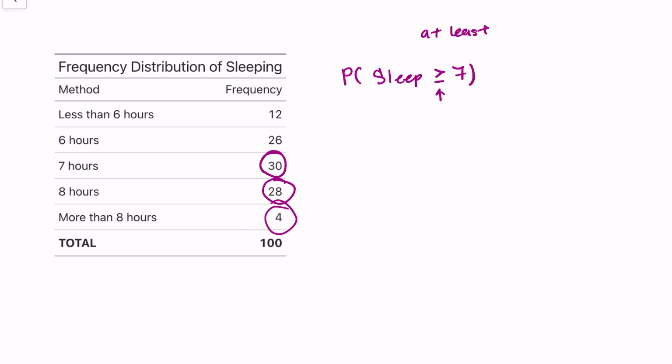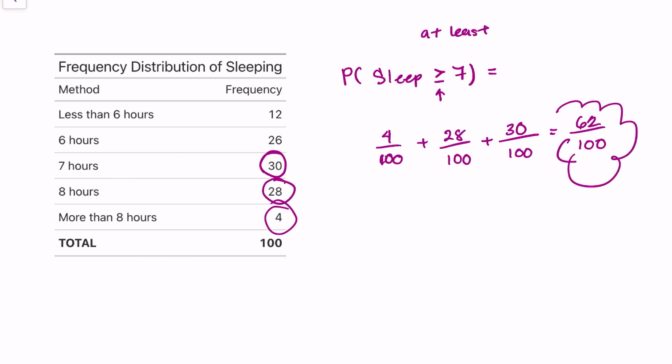So we would do 4 over 100 plus 28 over 100 plus 30 over 100. So this is going to come out to 62. And that's it for this problem.